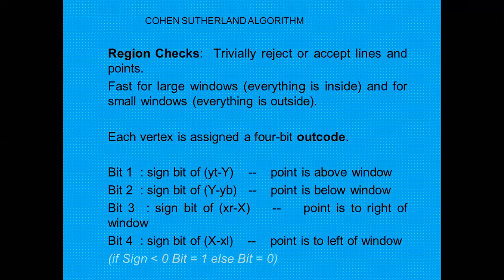Whatever line or image lies inside the window, we can say it is visible, otherwise invisible. So how will we check? For that we will use the 4-bit output. First we will implement the 4-bit output, and here each vertex is assigned a 4-bit output.